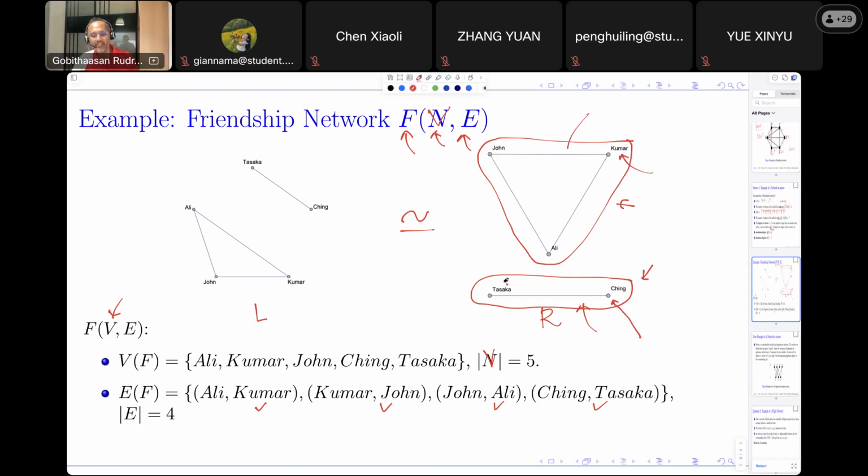For example, I can tell Tasaka, and Tasaka eventually will tell Ching. I will tell Ali, and Ali will eventually tell Kumar and John. So this is an example of how we can optimize a network, for example, to inform something. This is a simple example of how we can use a network.